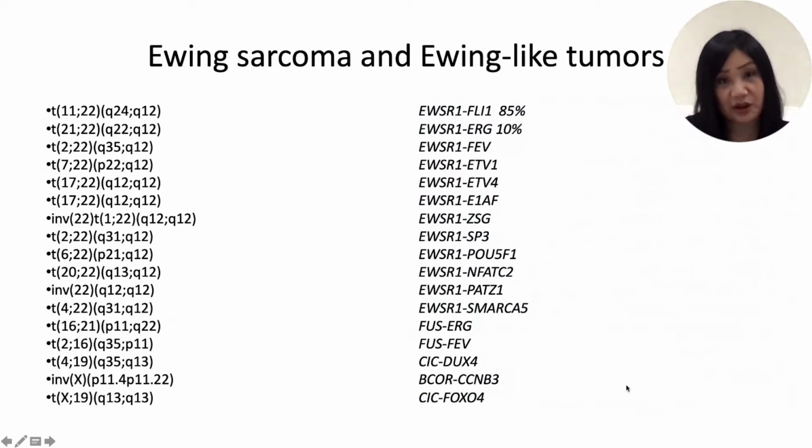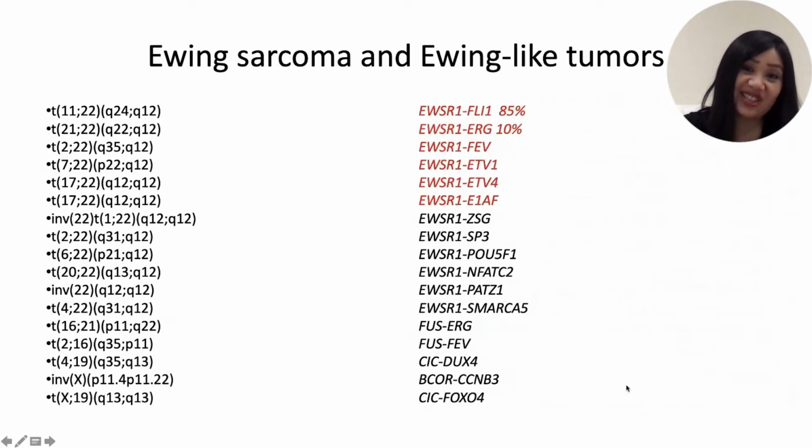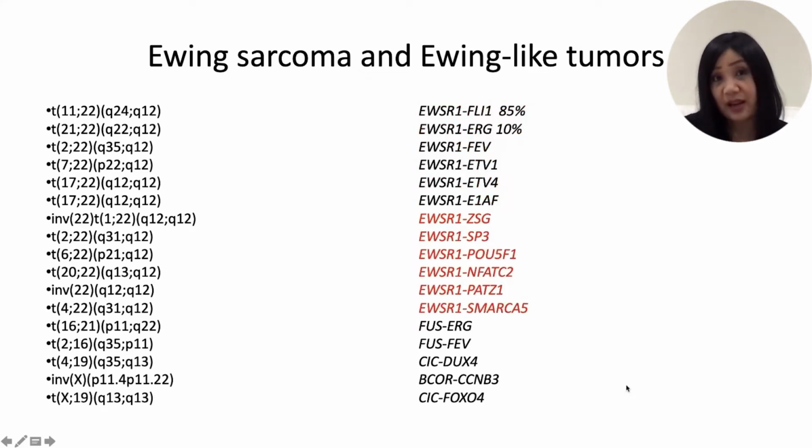I think Cyril has shown this slide of Ewing-like tumours and this heterogeneity of tumours in which EWSR1 is the driving gene. And so most of them are typical Ewing sarcomas, we can see that. And then the next group in red are EWSR1 non-ETS family tumours.